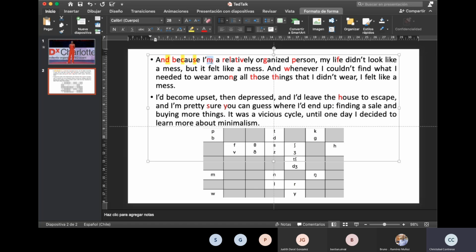And the next sound, can someone describe it? Maybe Bruno. Can you please describe this sound? Sure. It is voiced. It is nasal. And stop.